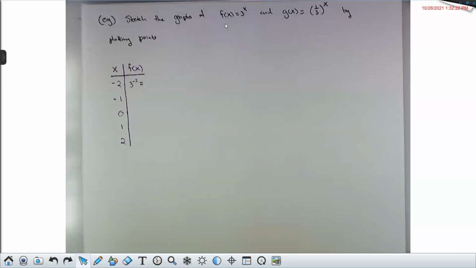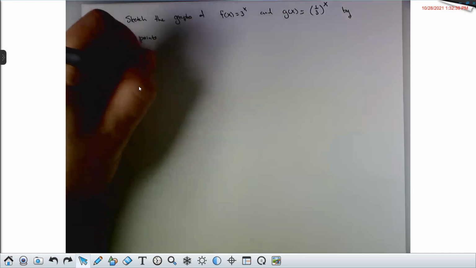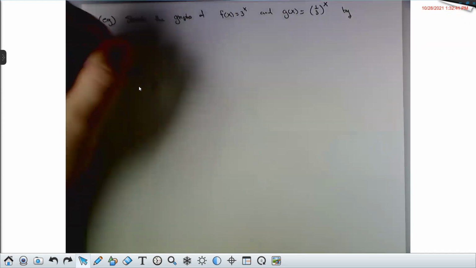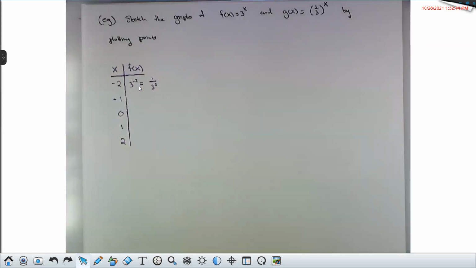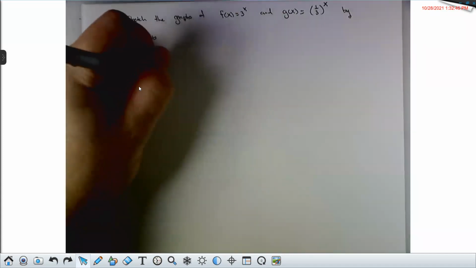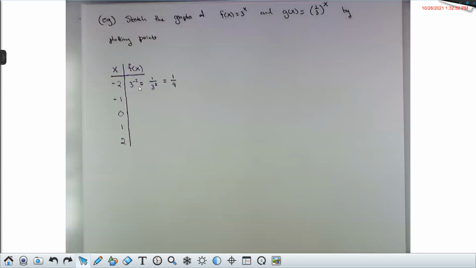And how do I find 3 to the -2? One divided by 3 to the power of 2. Perfect. So this is the same as, according to our rules for exponents, 1 divided by 3 to the 2. And 3 to the 2 is 9. So this is 1 divided by 9, or 1/9. We want to work with fractions wherever we can.